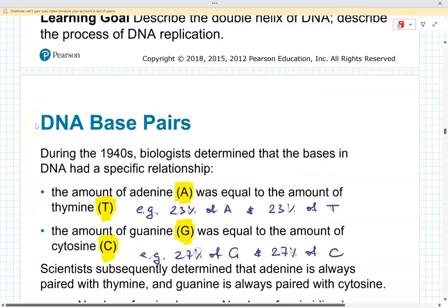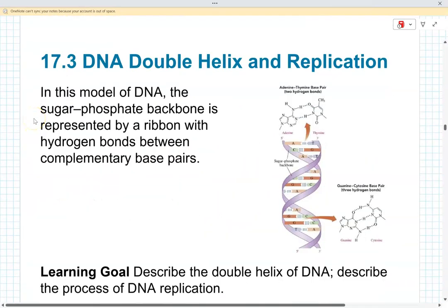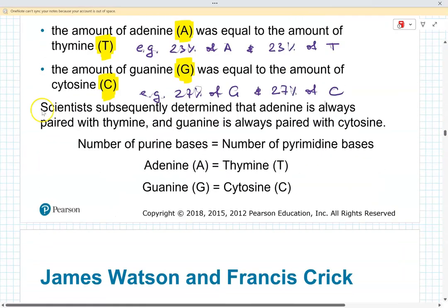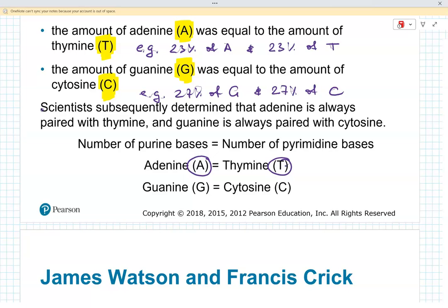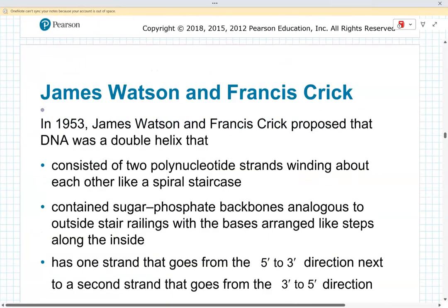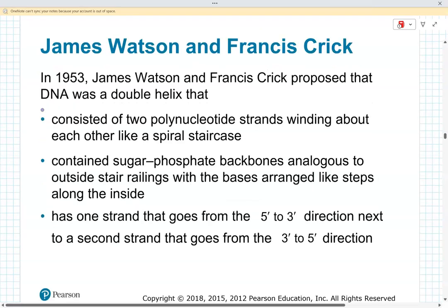And Watson, Crick, and Wilkins quickly realized, let me just scroll up here, that it will explain the equal ratios of A and T versus G and C if we presume that every A pairs with T and every G pairs with C. Okay? So the idea was that we have two strands. I'm going to make a very, very crude depiction of this. Right?